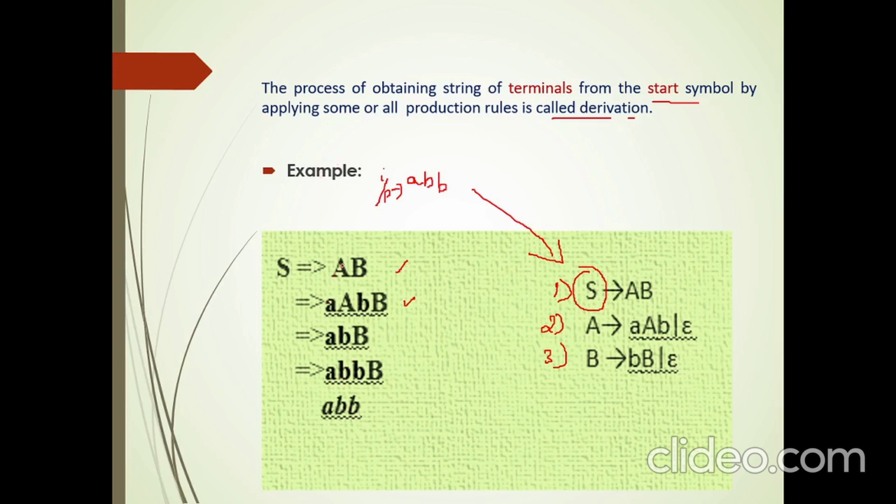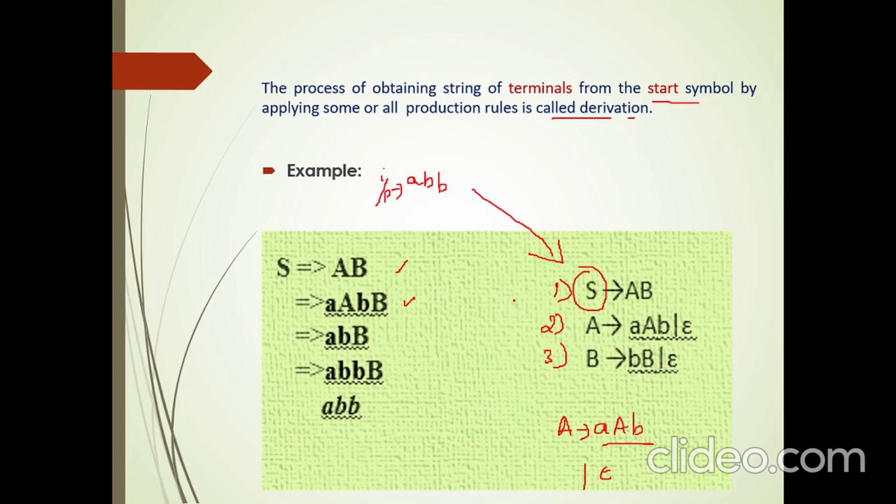Now, we have AB, both are non-terminals. Next I have to think about getting A from this non-terminal, so look at the rule of A. A has two productions, AAB or epsilon. Either can be applied, but my aim is to get A, so it is better to choose this.